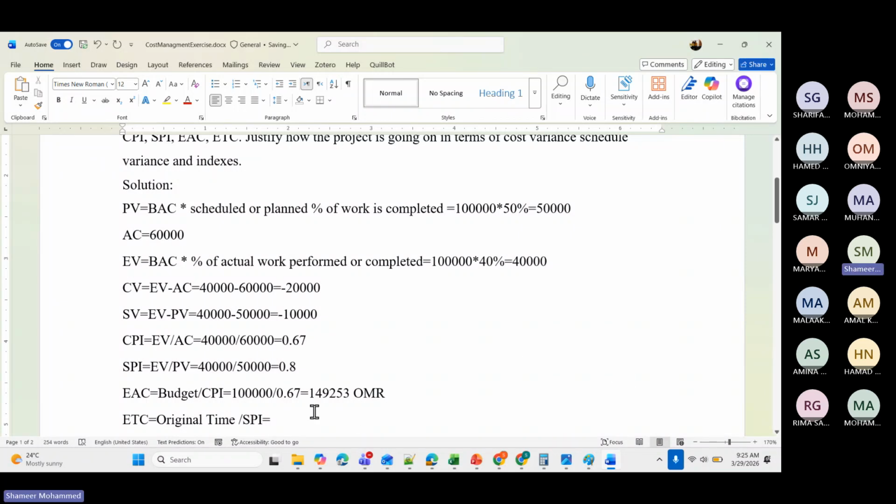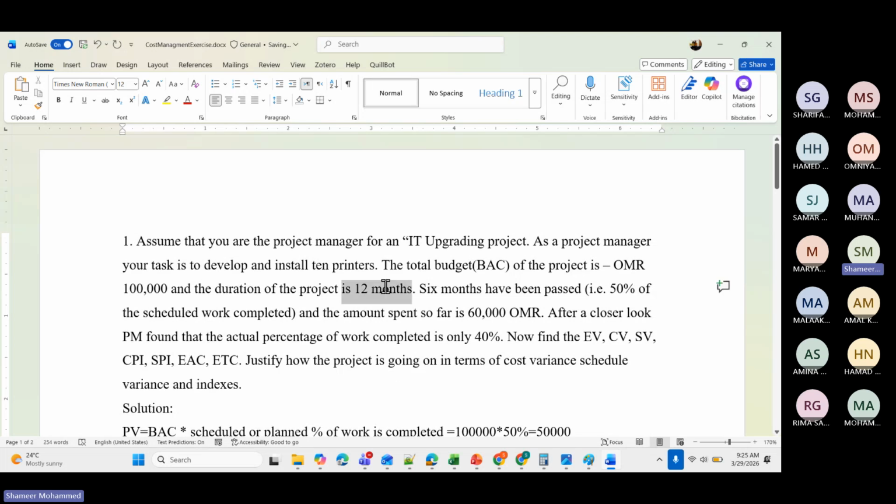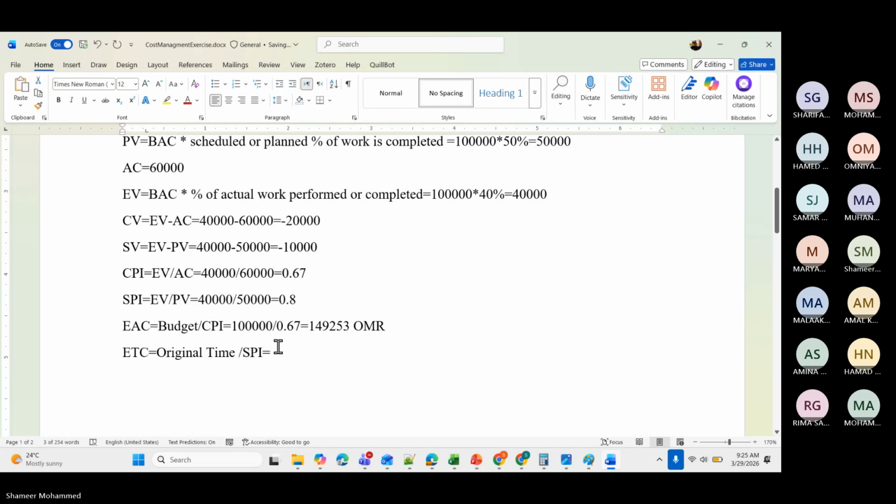Then original time: this project is for how many months? 12 months. 12 months divided by the SPI value 0.8. So it is 15 months.